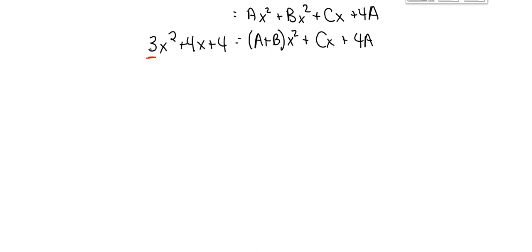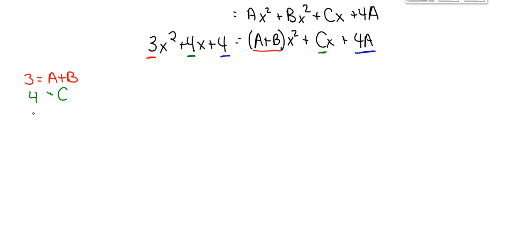On the right, it's a plus b. So 3 is equal to a plus b. Then the coefficient of x here is 4, and the coefficient of x there is c, so I'm going to write 4 equals c. And my last one is the constant 4, which equals 4a.